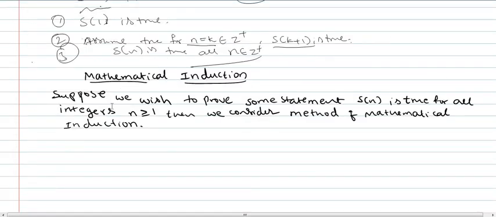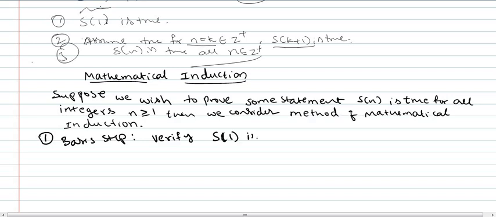Mathematical induction. Suppose we wish to prove some statement S of n is true for all integers n greater than or equal to 1, then we consider the method of mathematical induction. The first step we call the basis step. In the basis step, we verify that the statement S of 1 is true.